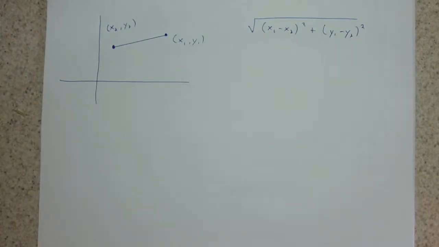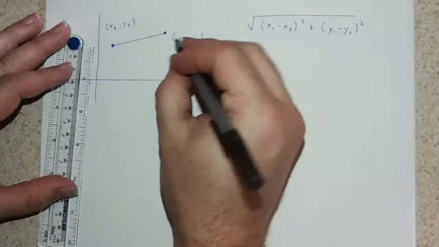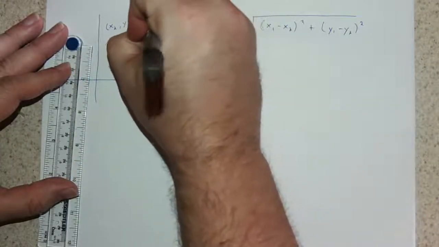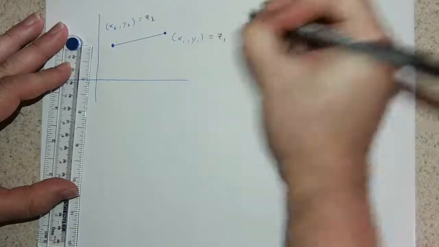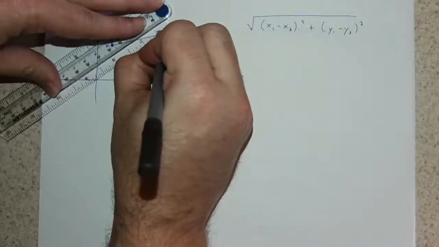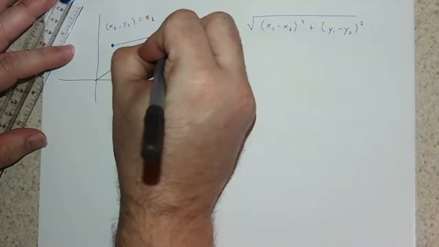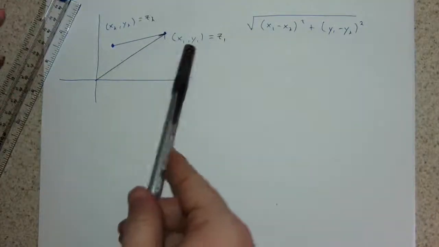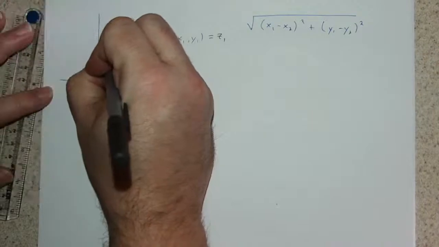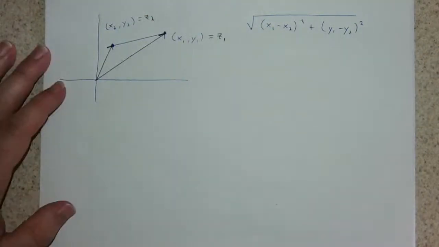Maybe I'll pick a different color here. Well, I could associate these to complex numbers, say z1 and z2. So we'll say that this is z2, and we'll say that this is z1. And if I associate to those complex numbers vectors, so we'll have this vector, say, emanating from the origin, going to that ordered pair indicated by x1, y1, and draw in another vector associated to z sub 2 here.